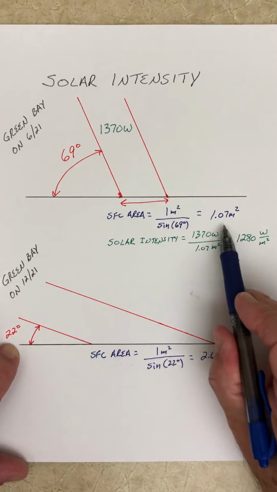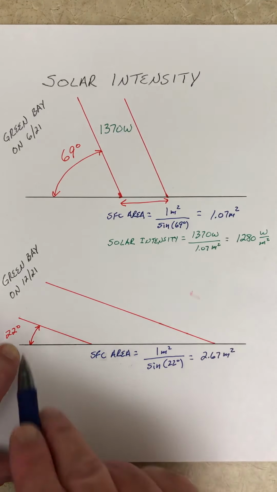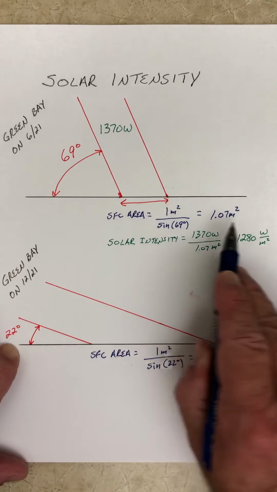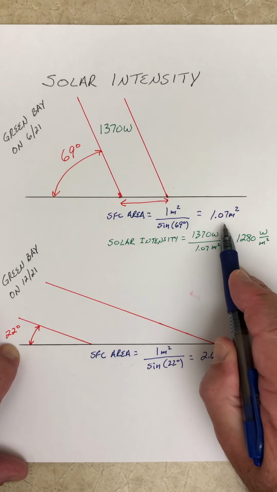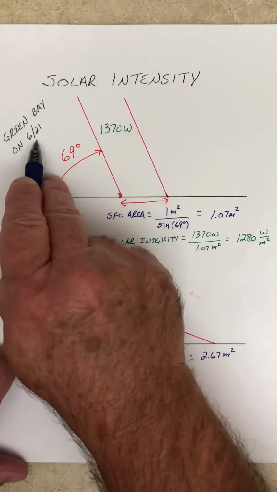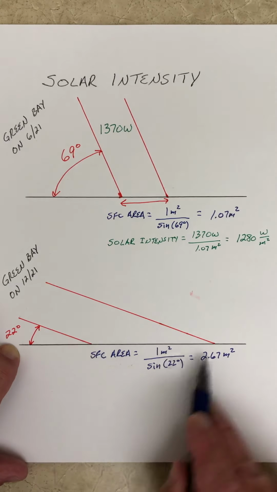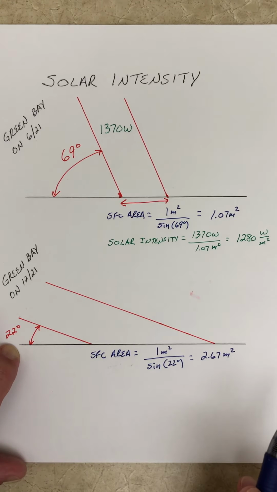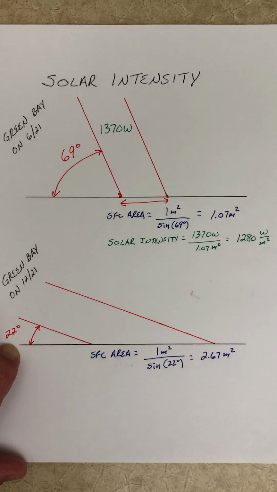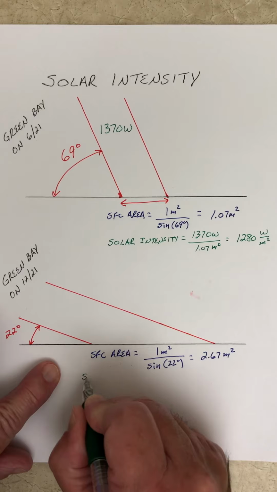So quite a bit more surface area is being covered on December 21st than on June 21st, when the sunbeam was only covering 1.07. So a very intense sunbeam on June 21st, a much weaker sunbeam on December 21st because it's covering so much more surface area.